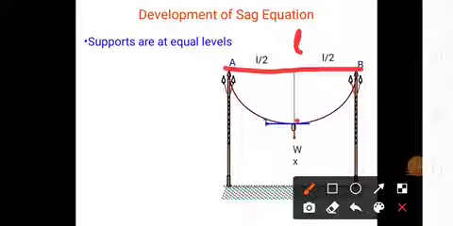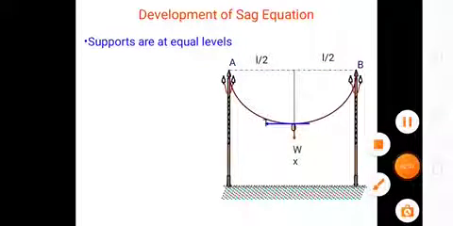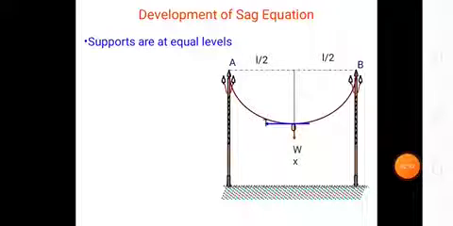The lowest point of the conductor is known as the sag point. Suppose O is the lowest point of the sag. The length from the lowest point to each support is L by 2.